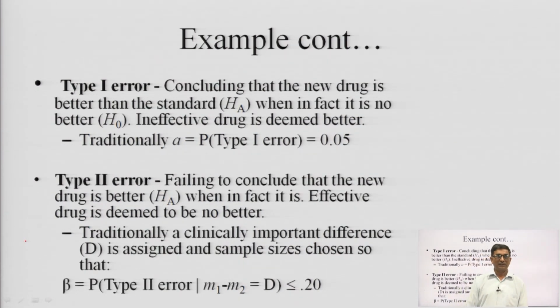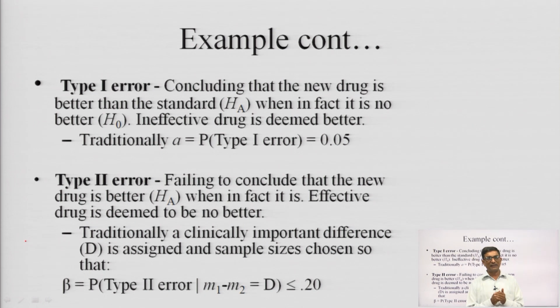Now, in the third point, during the testing of hypothesis, we first state the null hypothesis, second the alternate hypothesis, and third is the level of type 1 error. The type 1 error is concluding that the new drug is better than the standard, when in fact it is no better, H naught: an ineffective drug is deemed better.